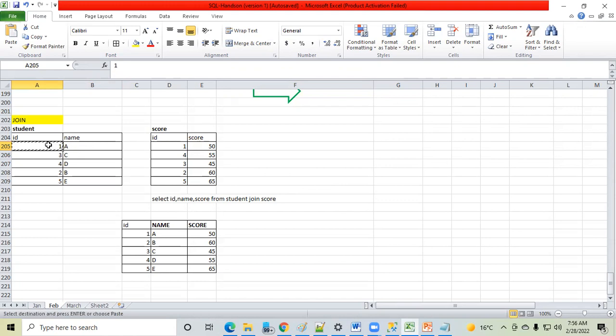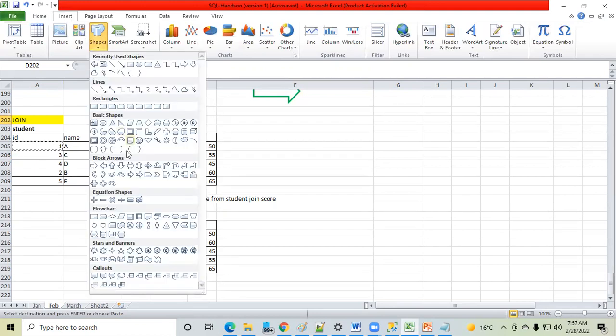Think from the SQL perspective. Whenever you are writing an SQL query, think from the SQL perspective. So you will copy 1 from here and reach the door of the score table. You are knocking at the door of score and telling it to search for ID 1. So it is matching: is this equal to ID 1? Yes.